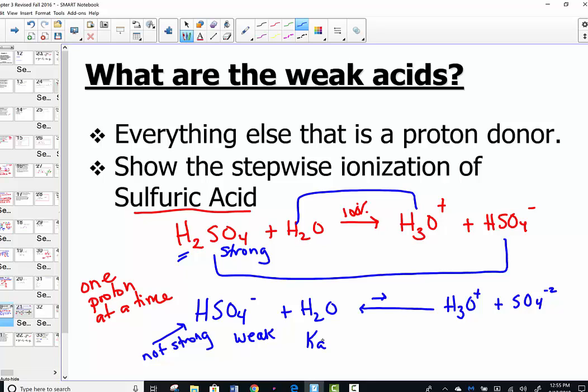The magnitude of the number is what's interesting to a chemist to give us an idea of how strong or how weak the acid is. Ka is called the acid dissociation constant. Bringing back some Gen Chem 2 content here.